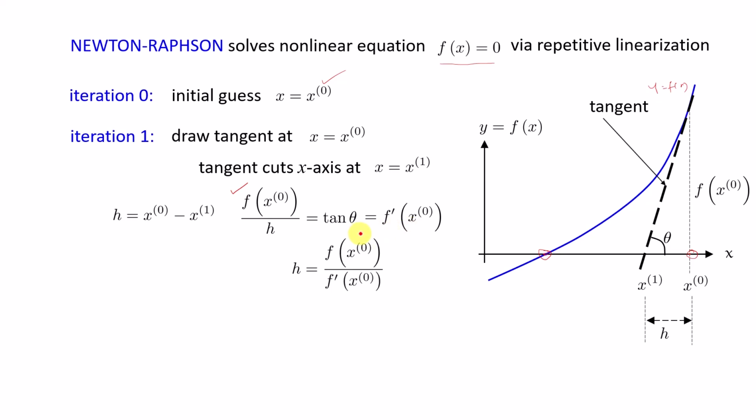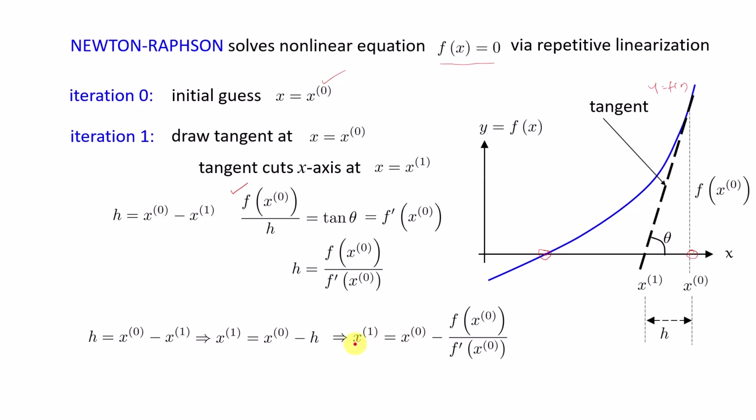Now it gives us that h is equal to f(x0) divided by f prime(x0). So this gives us the step h. Now h is x0 minus x1. Therefore x1 is x0 minus h, and h we have already seen. So x1 is x0 minus f(x0) divided by f prime(x0).